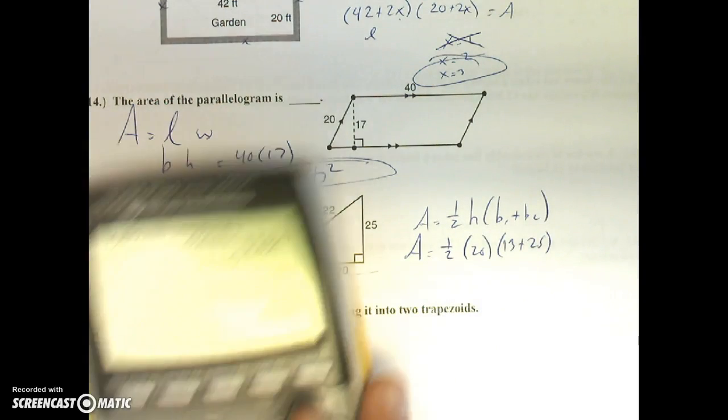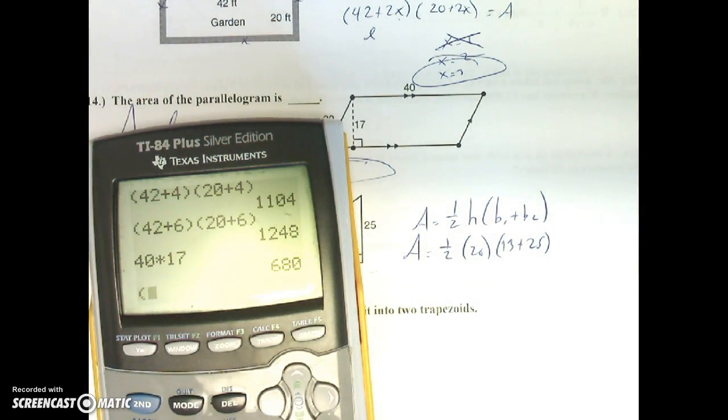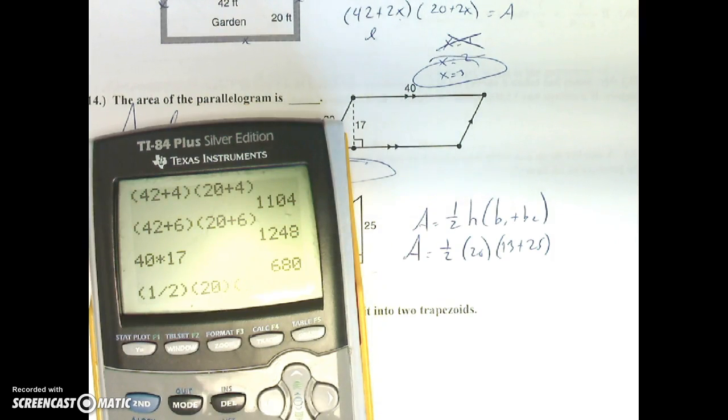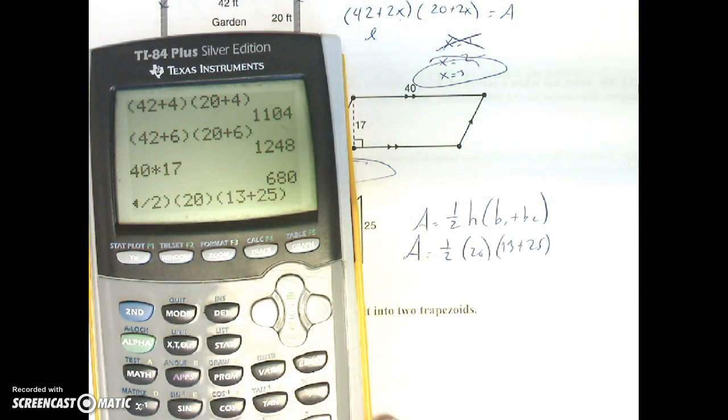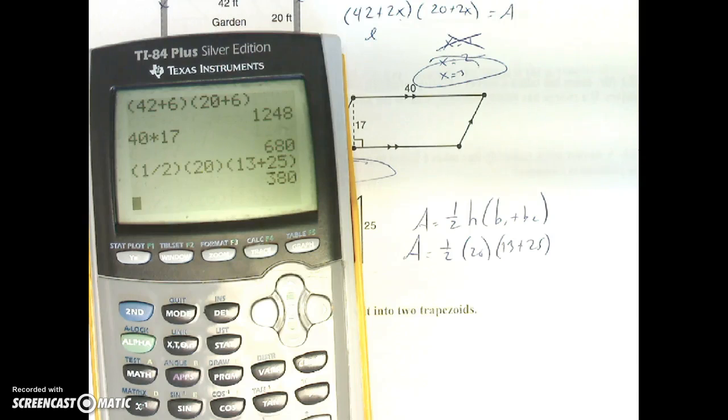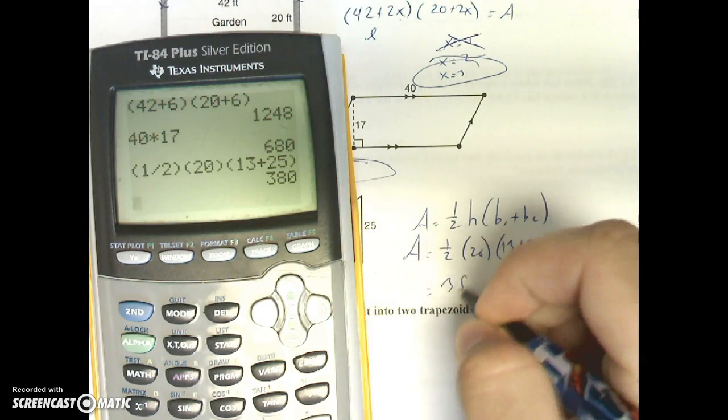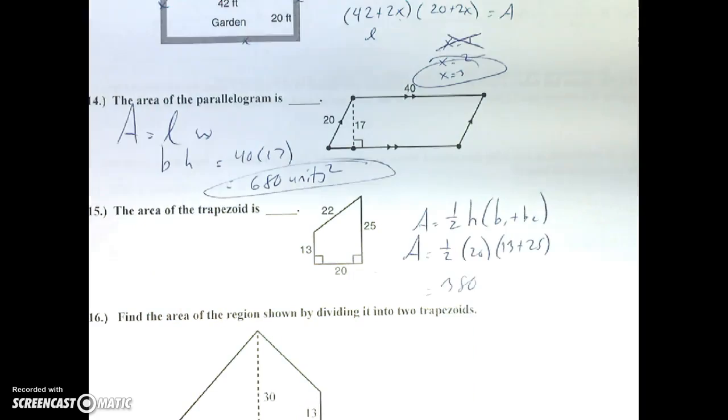Make sure if you're using the calculator, which again I'm encouraging you to do, that you're putting it in exactly as you see it. So notice that I'm going to put 13 plus 25 completely in parentheses. Oops, sorry, there's a glare there. Okay. Now when I hit enter, 380, and it's just units squared again.